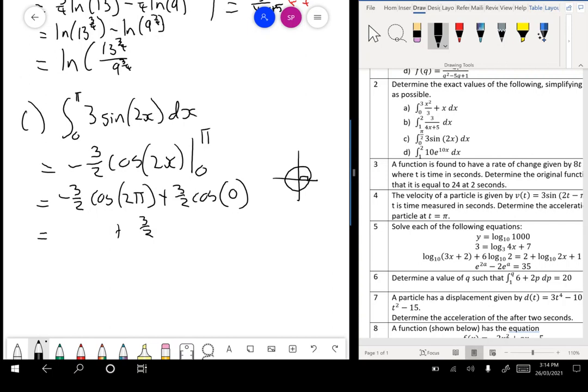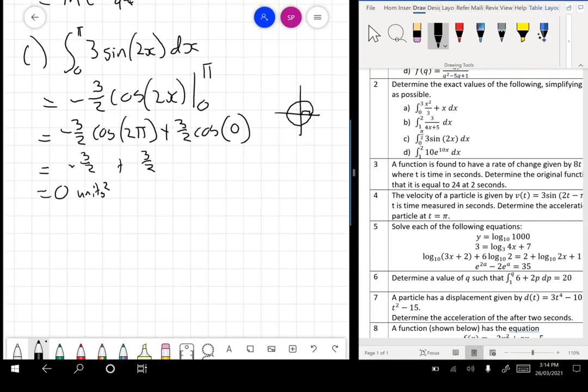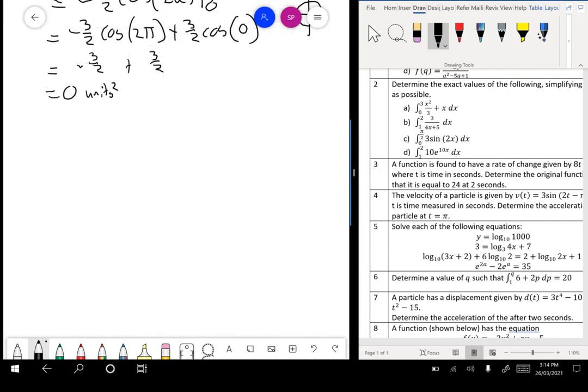Did I say it was 0 before? I meant 1. Cos of 0 is 1. Cos of 2 pi is once again 1. So we then have negative 3 halves plus 3 halves, 0 units squared. Obviously it's doing that because we have area above and below the x-axis. We don't need to really worry about that though. But our answer there would be 0.